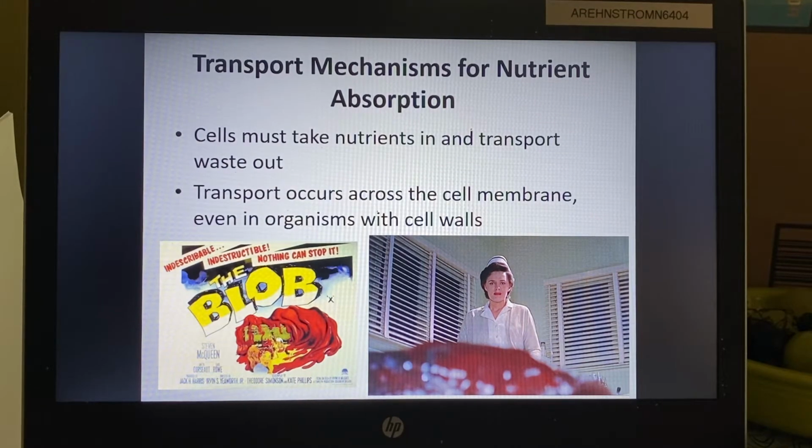You have to have it just be taken in and then slowly diffuse around the cytoplasm and reach wherever it has to go. If cells were really big, the toxic waste would hang out in the middle of the cell and kill the cell, and the nutrients would hang out by the cell membrane and wouldn't get to where they needed to go. So that's a reason why cells have to be so dinky to be able to survive.